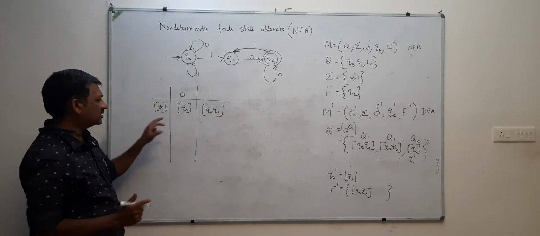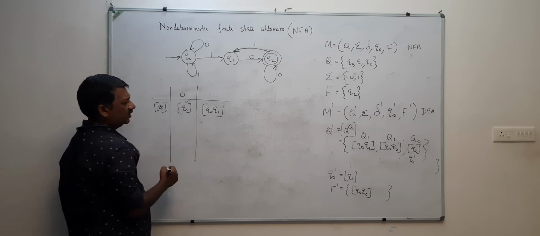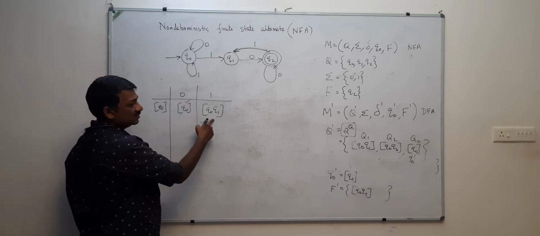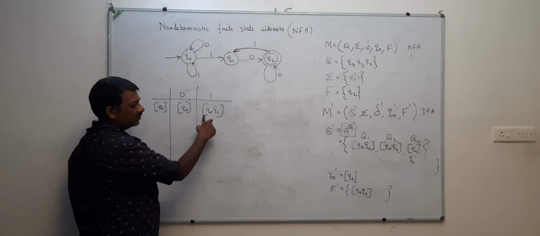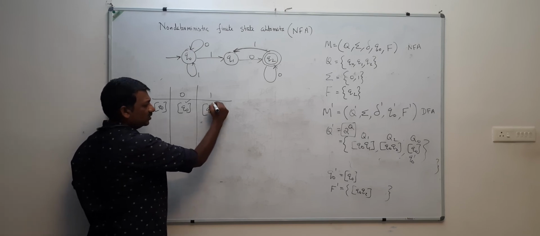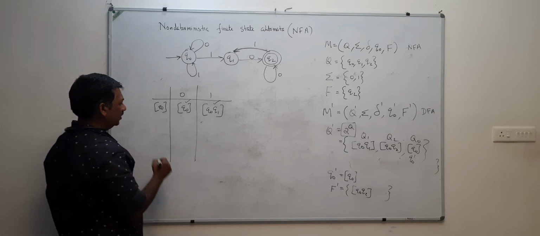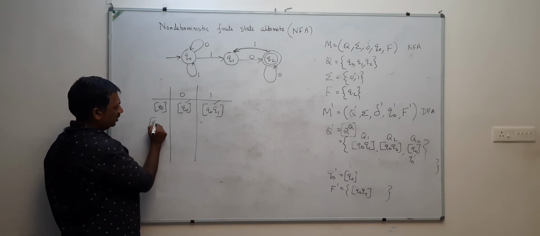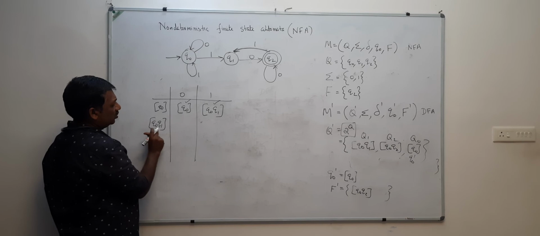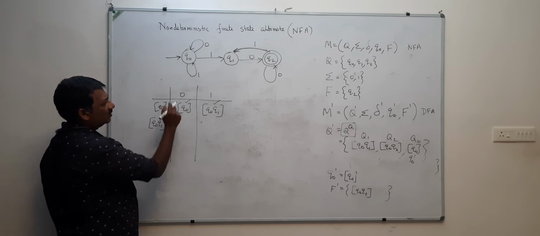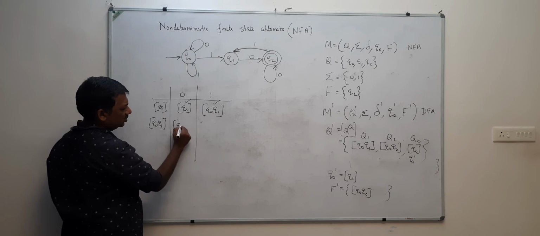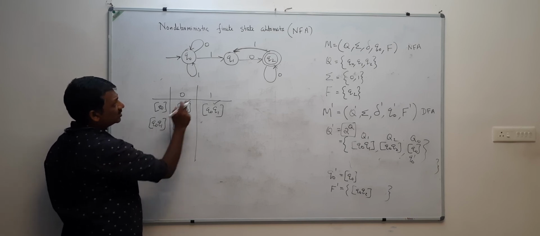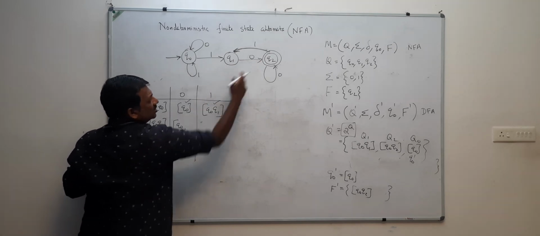Now the transition for this is already defined, and this is the next state you have created, and I am going to define its transition. {q0, q1} on accepting 0: q0 on 0 takes the same state q0, and q1 on 0 moves to q2.